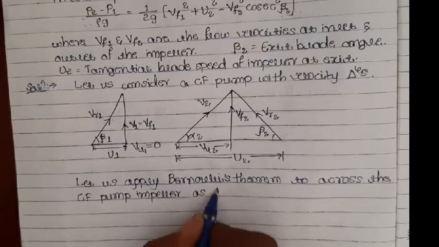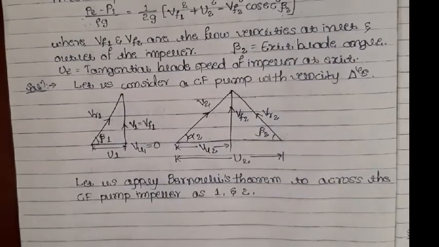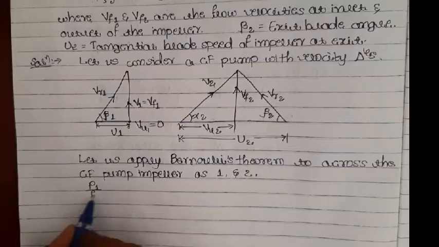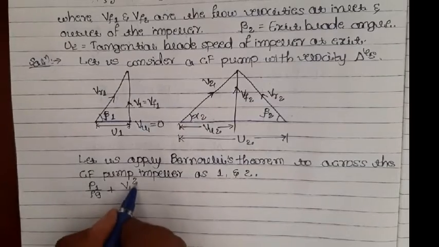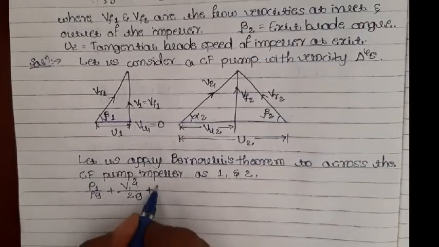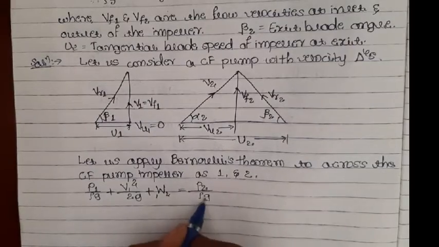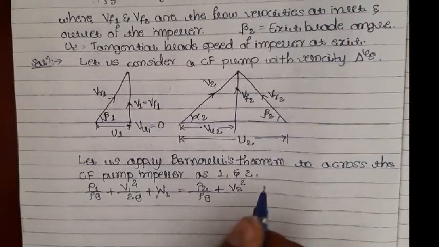If I consider inlet as 1 and outlet as 2, let me write. So again this becomes P1 by rho g plus V1 square by 2g plus work done across the rotor should be equal to P2 by rho g plus V2 square by 2g.